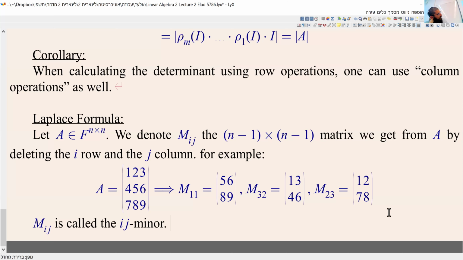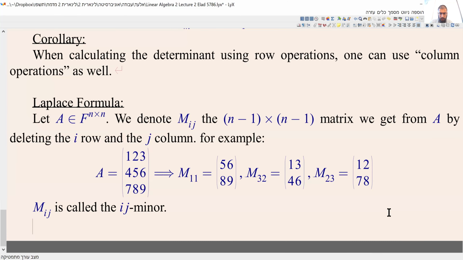Now, one can calculate the determinant of A using the determinants of its minors, with the following formula.